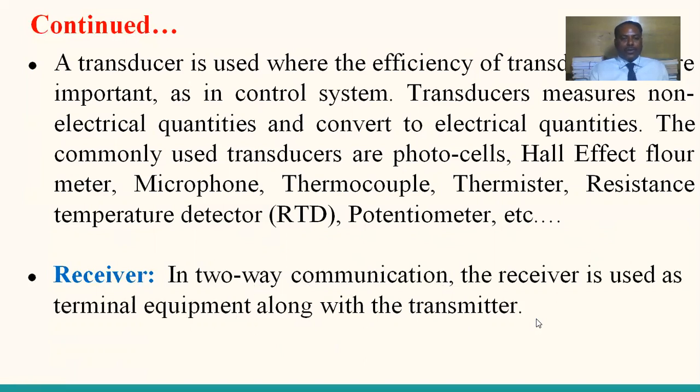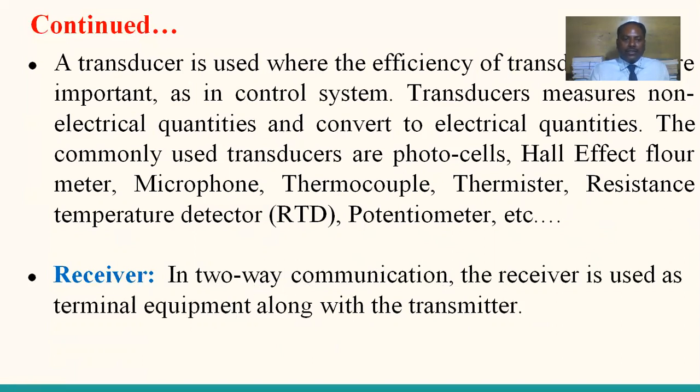Therefore, finally you can conclude about sensors. A sensor is a kind of equipment where the physical action is to be recorded and measured, converted into an electrical signal, and transferred to the master control room.